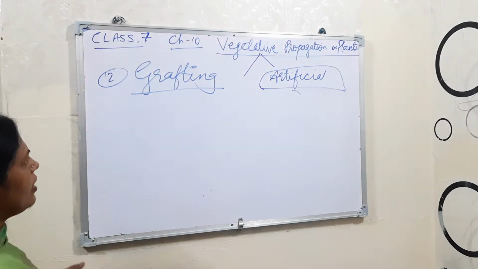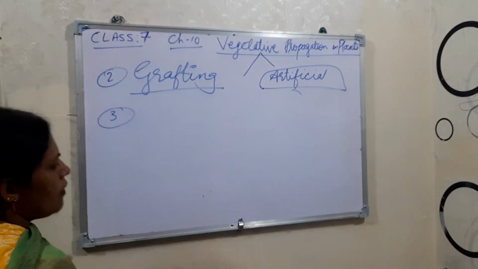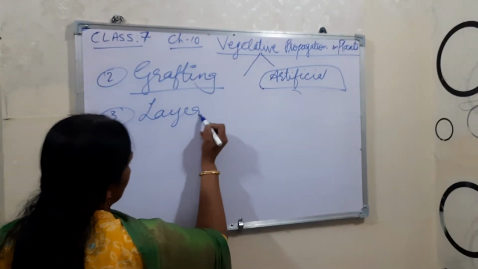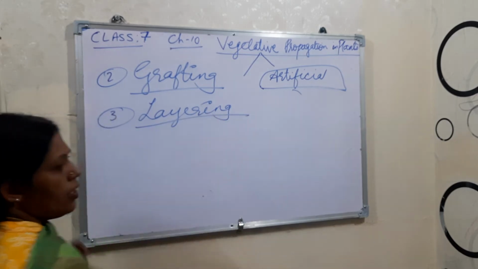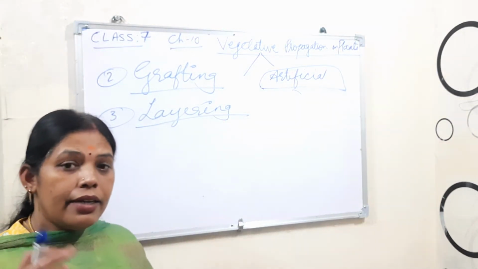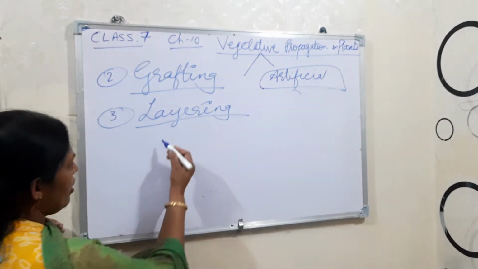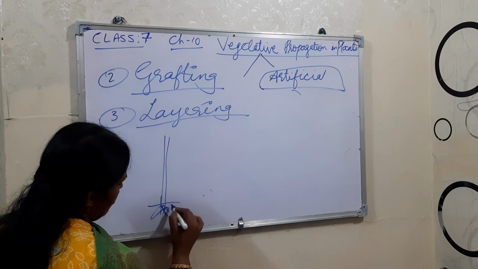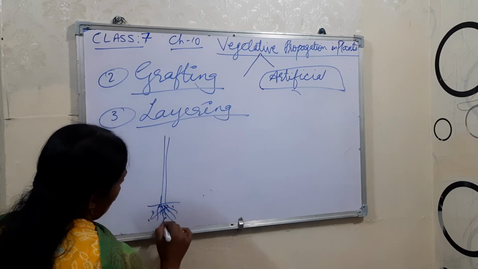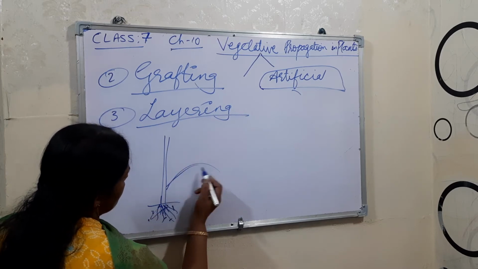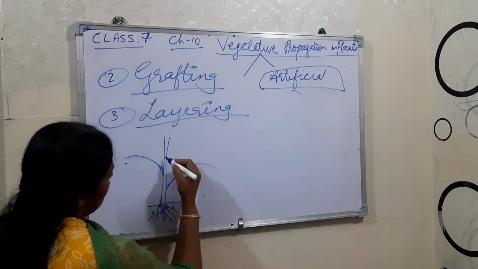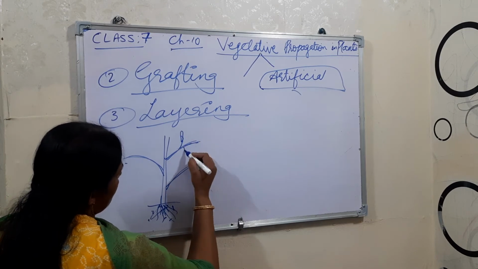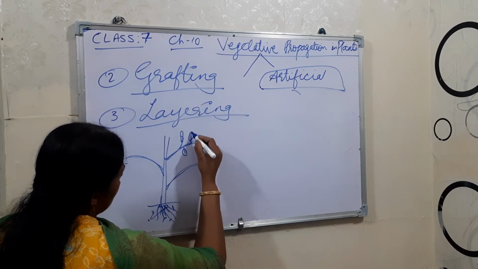Okay, and then afterwards, the third one, that is layering. Layering you already studied in class 5th and 6th, right? There, how this layering happens from the parent plant. Okay, this is the parent plant, and the branch comes like this, the stem comes from this, then from that the leaves are produced.